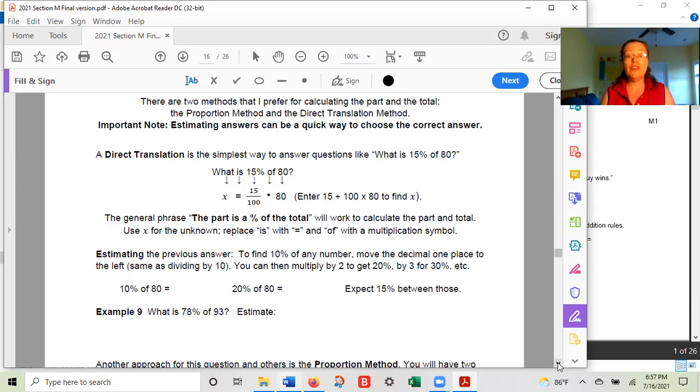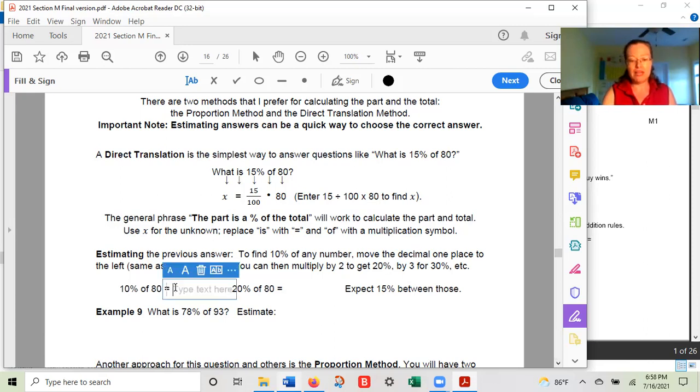You can then multiply that value by 2 to get 20%, or by 3 for 30%, etc. Now, of course, if I'm looking for 50% of a number, I'll probably just divide it in half. But from 10% up to maybe 40%, I'll figure out what 10% is and then multiply by 2, 3, or 4.